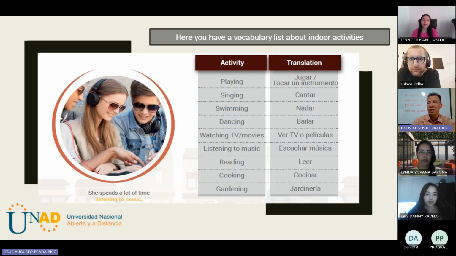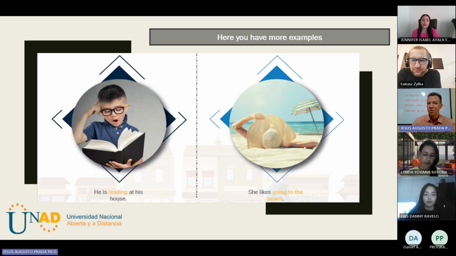And now here you have vocabulary about indoor activities like playing an instrument or playing a game, singing, swimming, dancing, watching TV or movies, listening to music, reading, cooking, or gardening. All right. So here you have more examples.